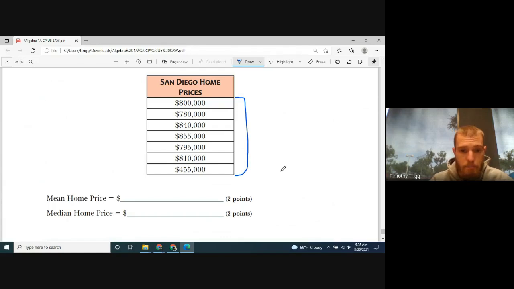Then divide by 1, 2, 3, 4, 5, 6, 7. Divide by 7 because there's 7 items here. So the mean, that would be 762,143. We're going to round to the nearest dollar here.